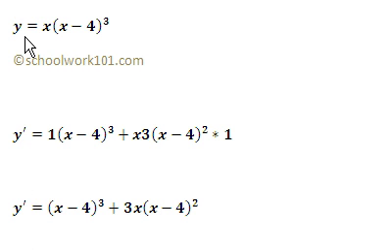Alright, in this particular one here, we've got y is equal to x times x minus 4 raised to the third power. So this is going to be the product. We've got the product of two separate functions here. So the derivative of x is 1. Rewrite the second function plus rewriting the first function times the derivative of the second. So that 3, you bring it out front.